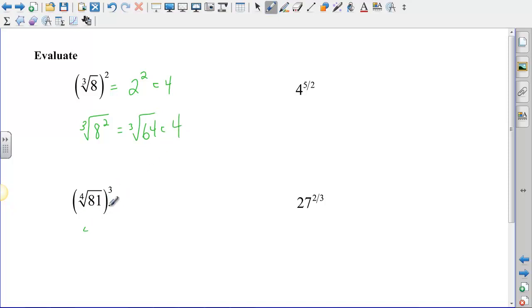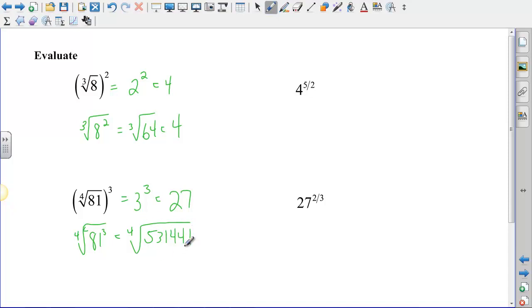But here, you can see like this here. The 4th root of 81 is 3. 3 cubed is 27. If I were to, again, split this up and say the 4th root of 81 cubed, well, if I cube 81, let me just get it in here real quick. 81 to the 3rd power, that's 531,441.